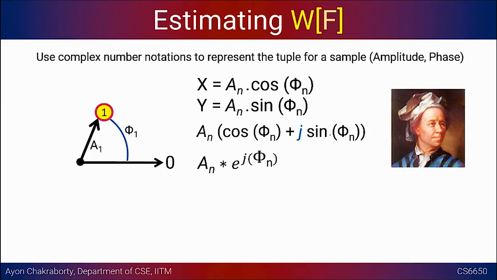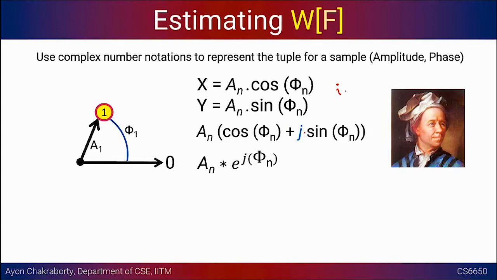This j multiplied by sine phi n could be written in Eulerian notation as e to the power j phi n. This is a very well known equation, to replace cos theta plus j sine theta with e to the power j theta. So j is basically the complex square root of -1; commonly you have seen i, but in this context j could also be used.